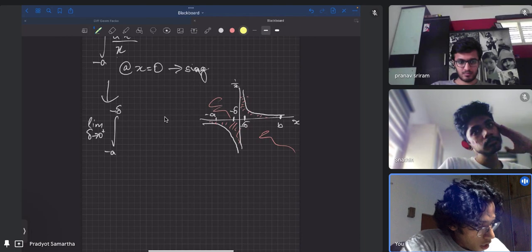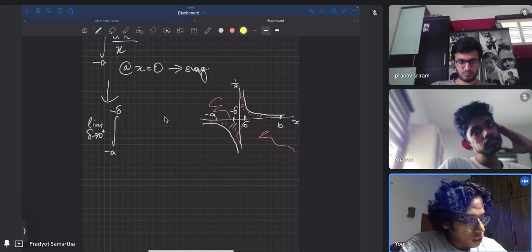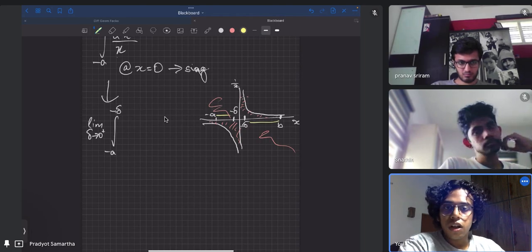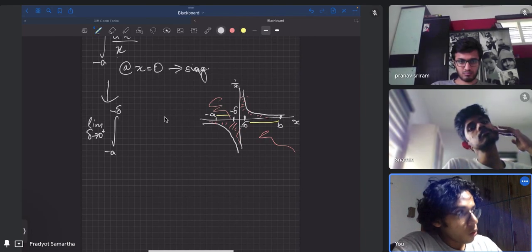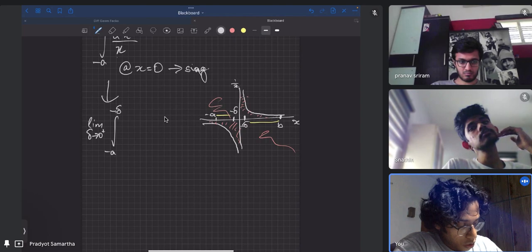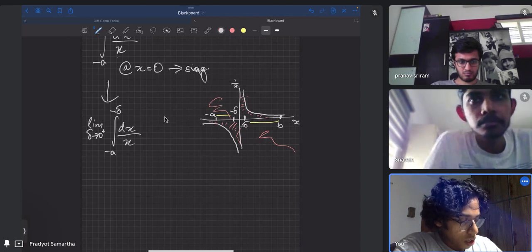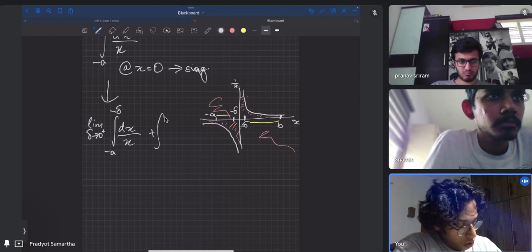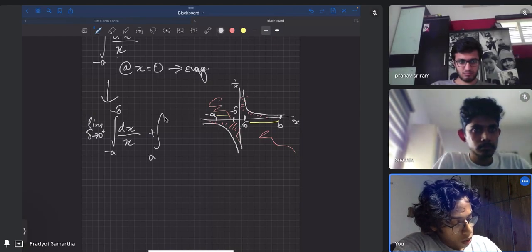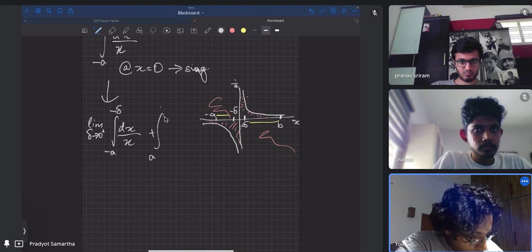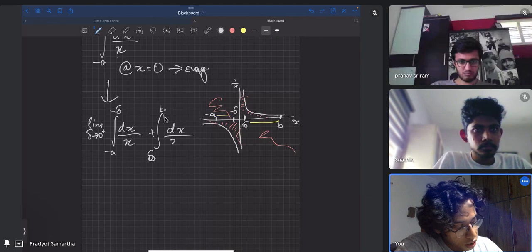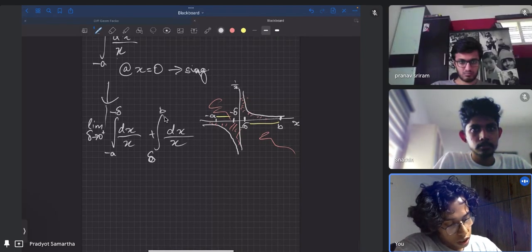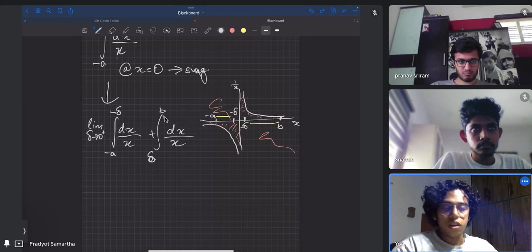We are dividing the integral region into two domains, one is this and the other is this. So we write it as the integral of 1 by x plus the integral from delta to b of 1 by x dx. Obviously the limit holds for the whole integral.